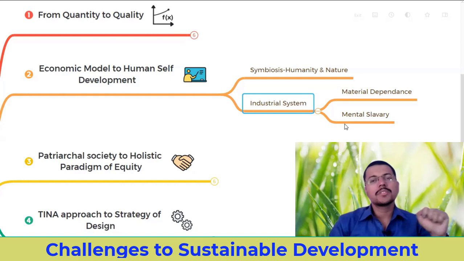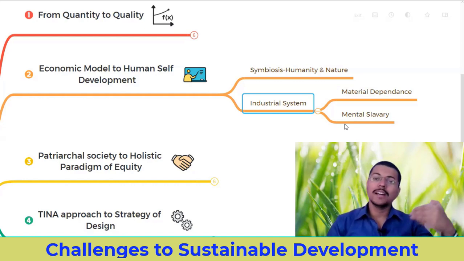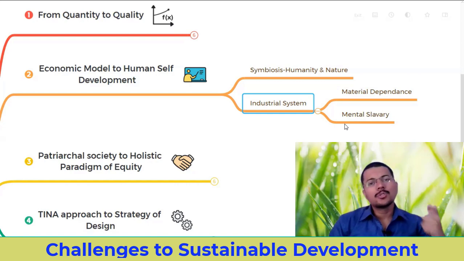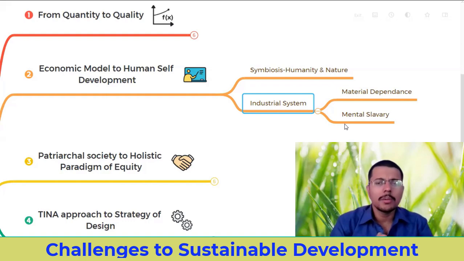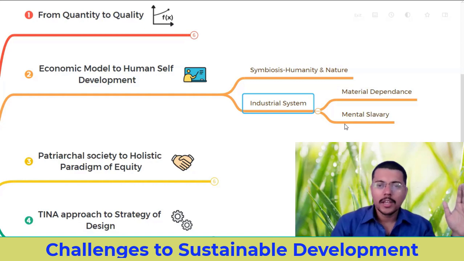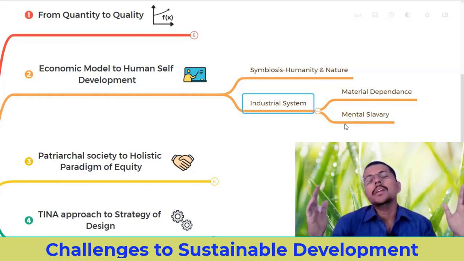Earlier, if we go back 50, 100 years, at that time it was really difficult to imagine that the resources, the forest, the nature would deplete. The population was really less, I would say about 1 to 2 billion. And currently we have passed 8 billion.